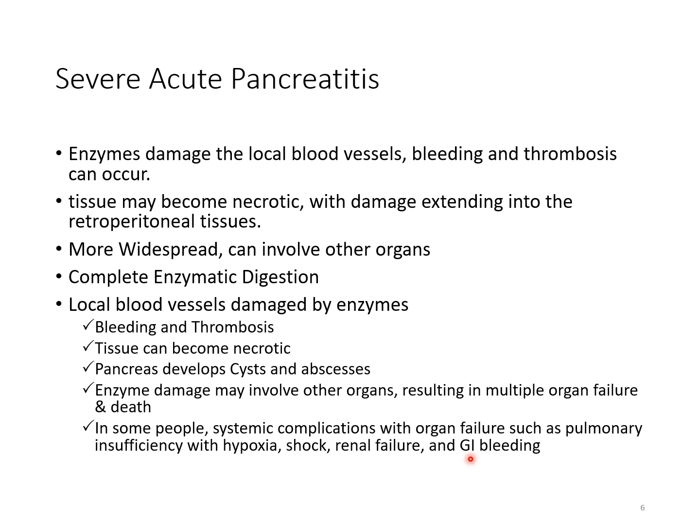For you guys, if I wanted you to know mild acute pancreatitis versus severe acute pancreatitis, probably the thing that I would highlight under severe is the fact that you're getting damage to the local blood vessels, and things are no longer just contained, and you're getting these systemic complications going on.